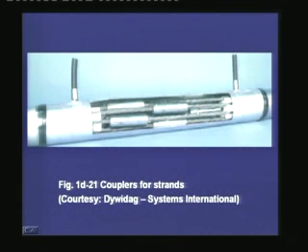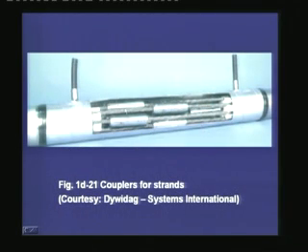Say 1/3 of the strands is coupled at one location, next with an offset another third is coupled, and again there is an offset of the coupling of the rest third of the strands.